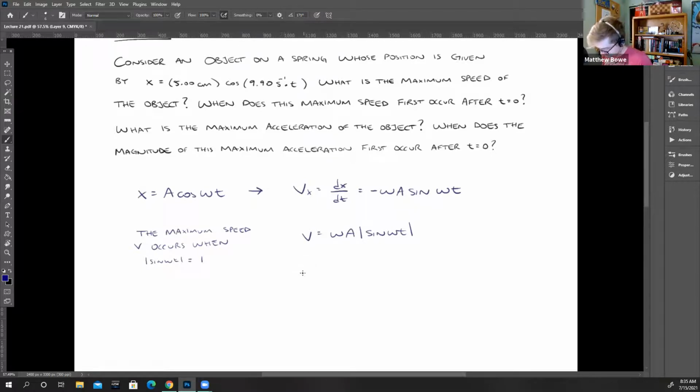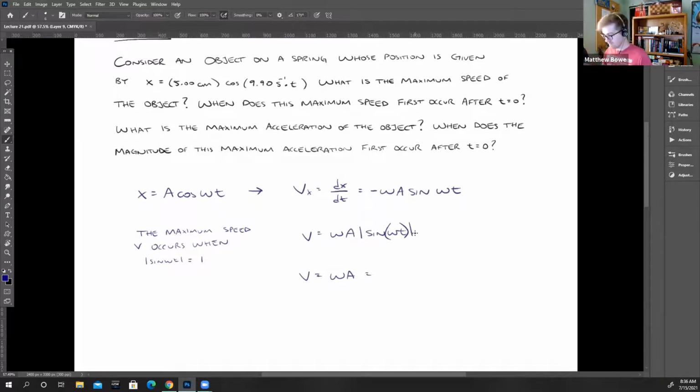Doing that, we just get this new velocity term. Remember, there's parentheses around this, so it's going to be the sine of something. If you take the sine of any value, it's going to be a range between 0 and 1 on your calculator.